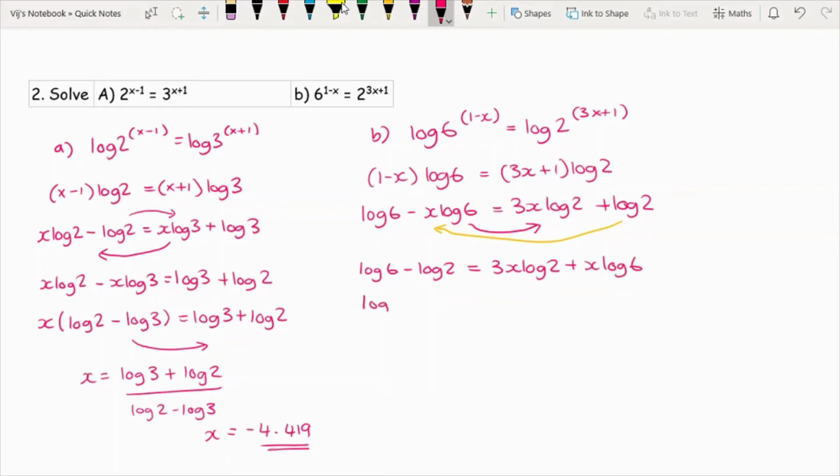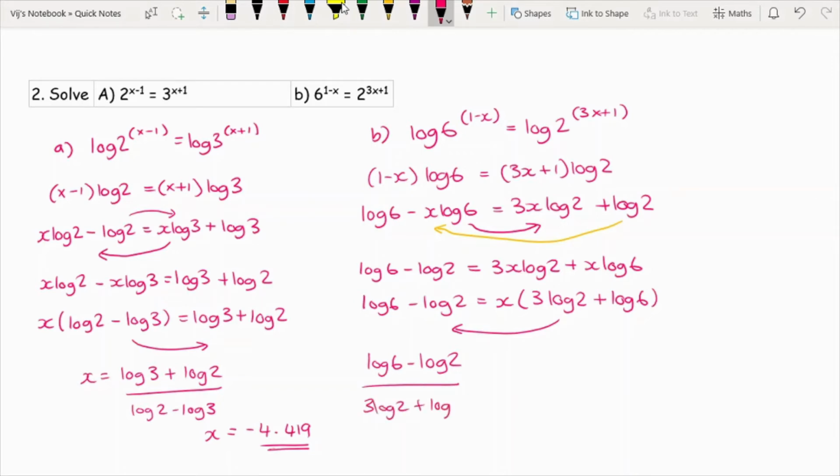Then factorising the right hand side, I get 3 log 2 plus log 6 with respect to x, and then I take the bracket over to the side, leaving me with log 6 minus log 2 over 3 log 2 plus log 6 equals, and if I type that into my calculator, I should end up with an answer to 3 decimal places of 0.284.